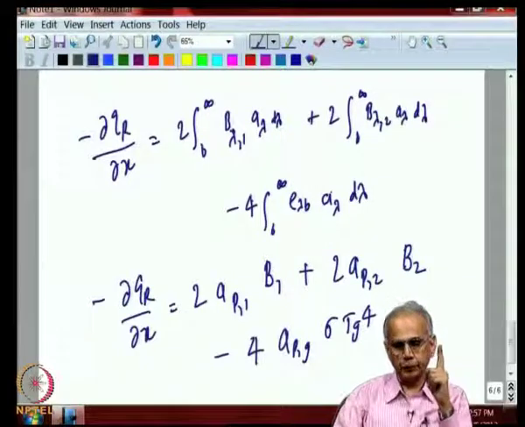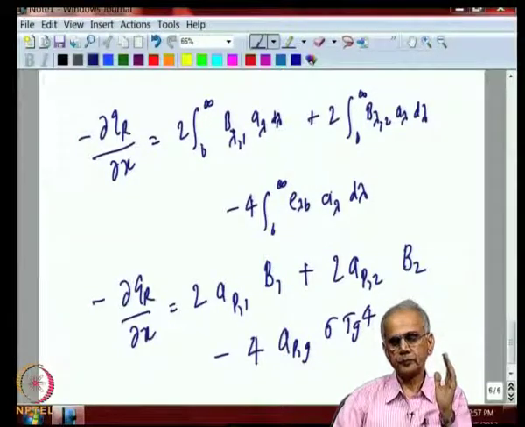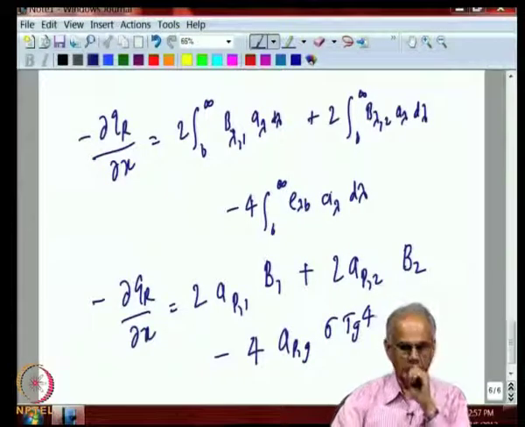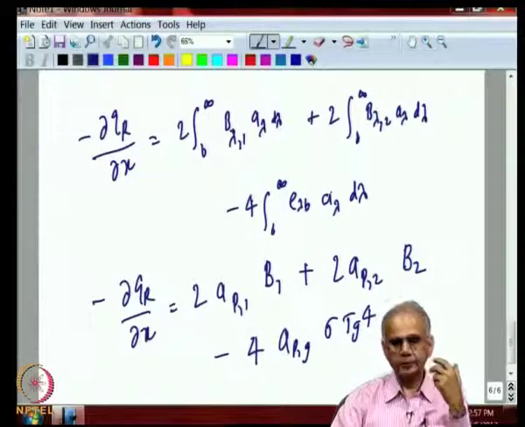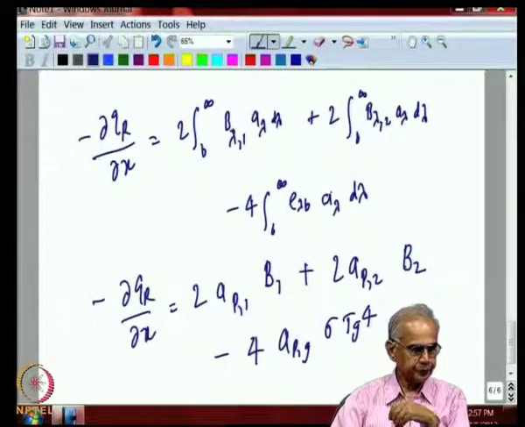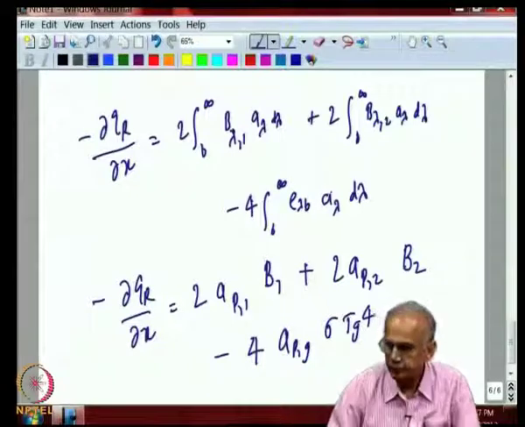This simple expression shows there are three absorption coefficients here called the Planck mean absorption coefficients. I will write down the expression for them for your benefit.